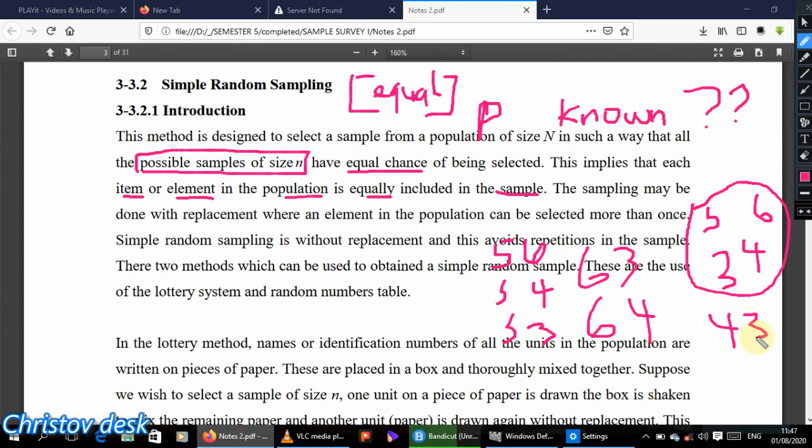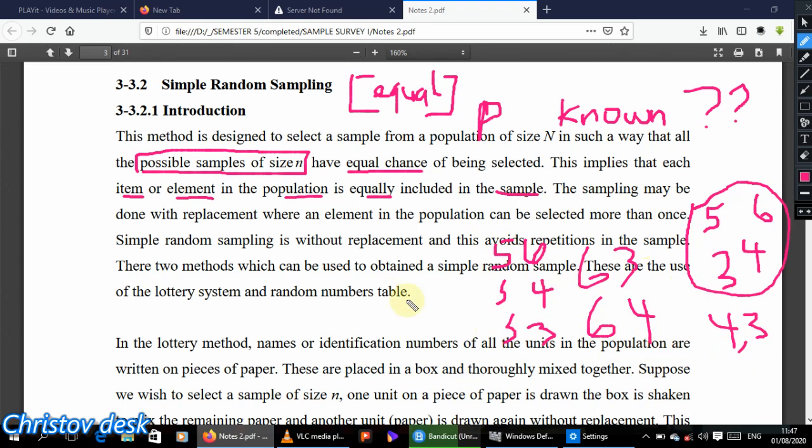So we have 6 of them: 1, 2, 3, 4, 5, 6. Can we get another? 3, 6. I think that's all.